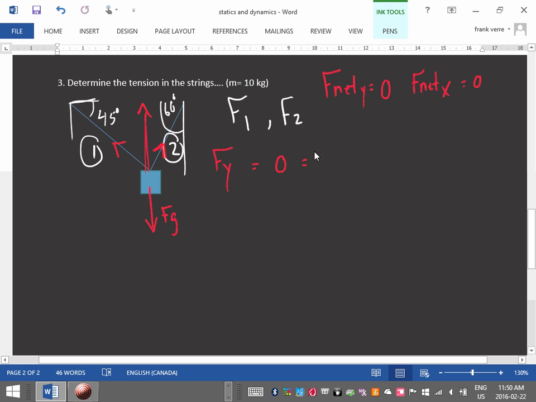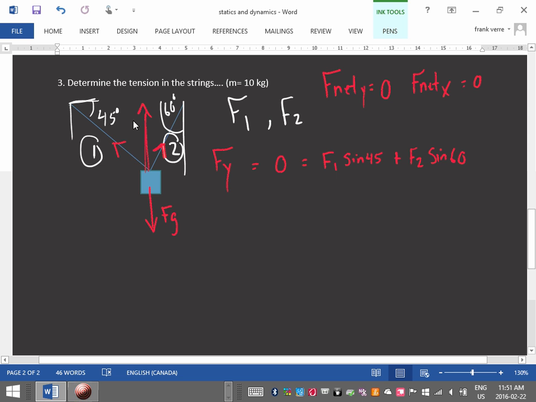So what could we write it as? We could say it's F1 sine 45. Now, this over here is also the vertical component for the second cable, but it would be F2 times sine 60.